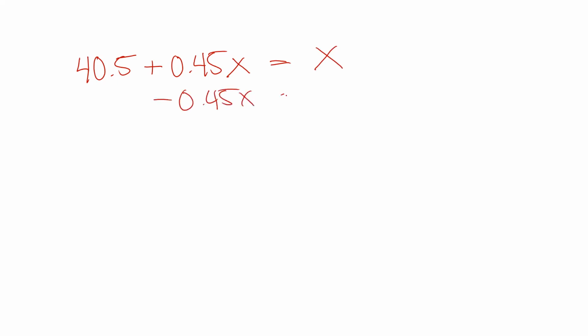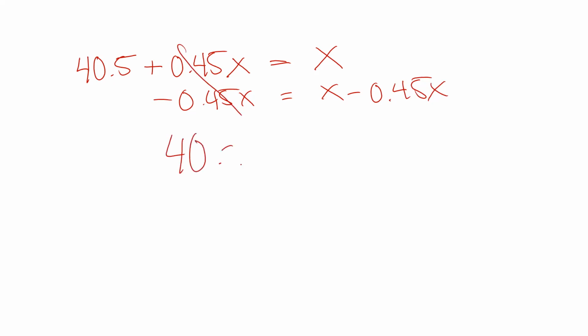So we've got 40.5 equals x minus 0.45x, right? Because you subtract 0.45x from each side. Exactly. So these cancel.